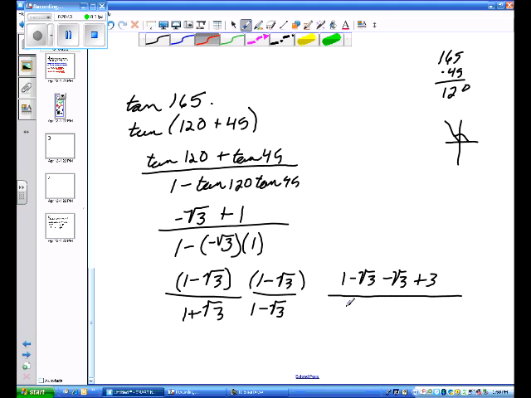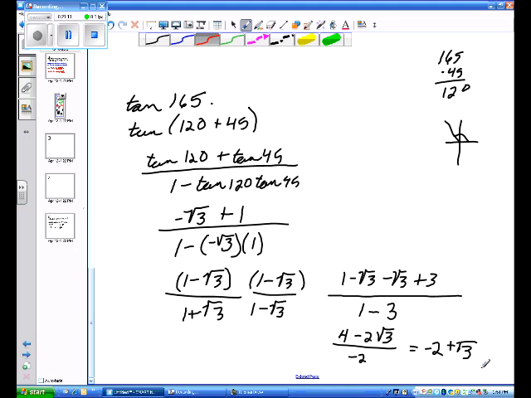In our denominator, these are conjugates, so it's the first term squared minus the last term squared. And then combining our like terms, we have 4 minus 2 square roots of 3 over negative 2. So 4 divided by negative 2 is negative 2. Negative 2 divided by negative 2 is a positive. And we get negative 2 plus the square root of 3.